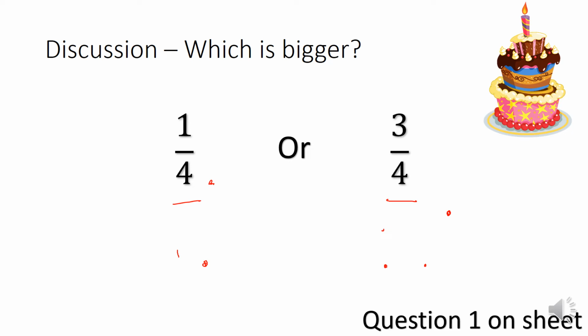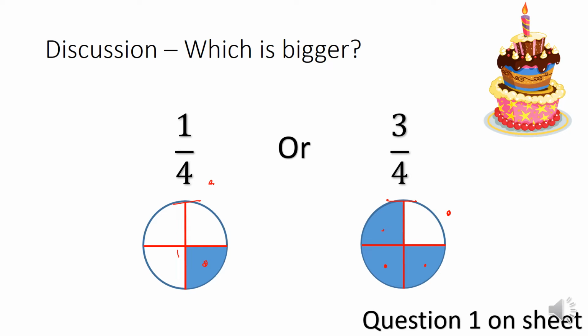So I'll just backtrack a bit, I'll leave them there. So we've got 1/4. What that means is we've split it into 4 parts, and we've got one of those parts. Whereas 3/4, we've split it into 4 parts still, but now we have 3 of those parts. So when we've got the same denominator, so we've got 4 as the denominator and 4 as the denominator, that means we've split it into the same number.